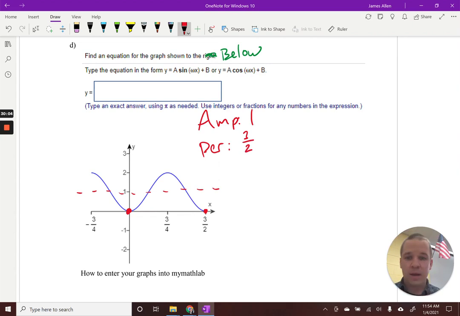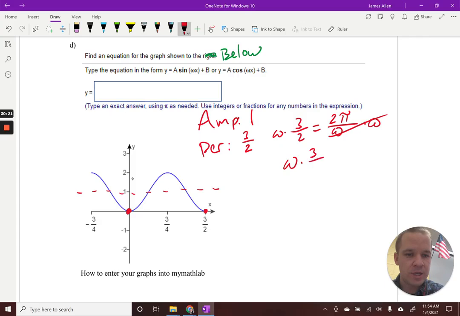So how do I find my period multiplier? Well, I would have 3 divided by 2 equals 2 pi divided by omega, multiplied by omega. And some of you might also notice that each time we're just doing 2 pi divided by that period, or 2 pi divided by the period multiplier if it's an equation.